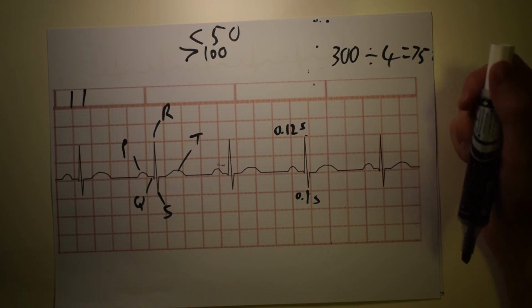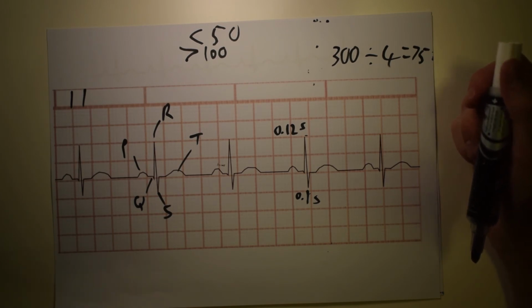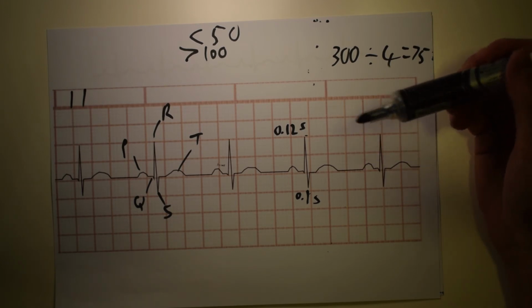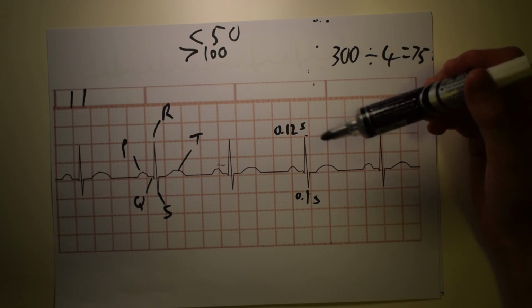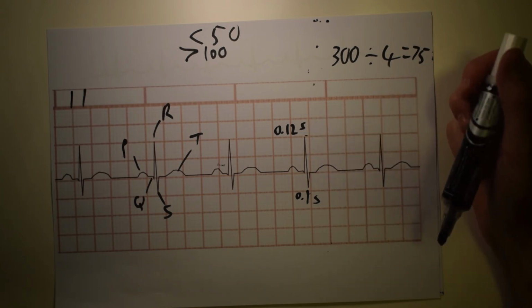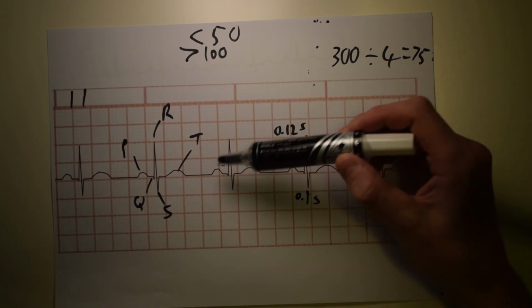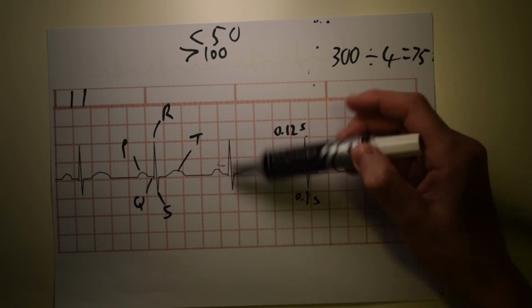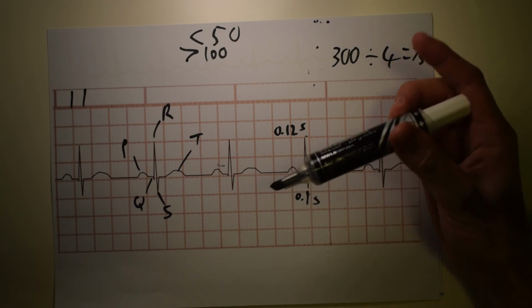The first couple of steps to analyze an ECG is to look at all of the waves by themselves and make sure that each one is following the other. So questions would be: is there a P wave before every QRS, and is there a QRS after every P wave?